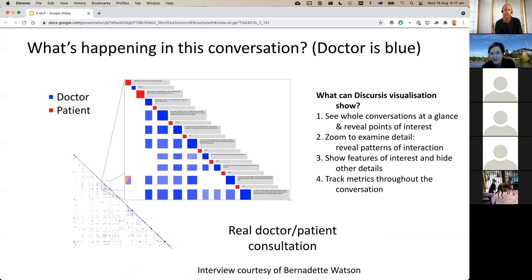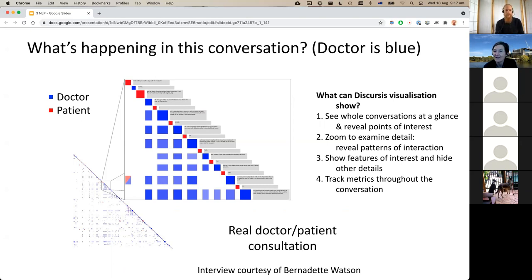It's a real doctor-patient conversation, and we've just blown up a small part of that. What is happening in this conversation? It could be questioning, but if you have a look, is the doctor asking different questions?